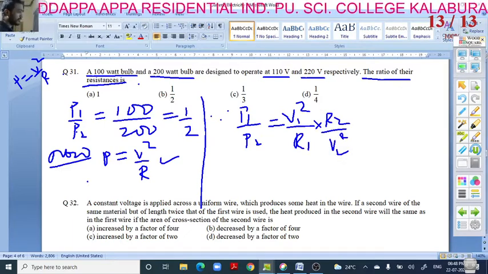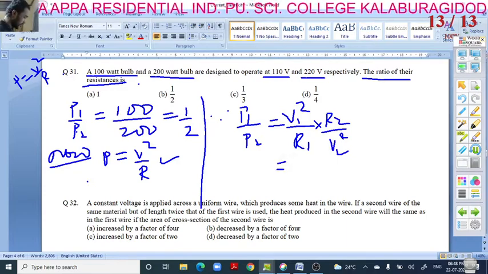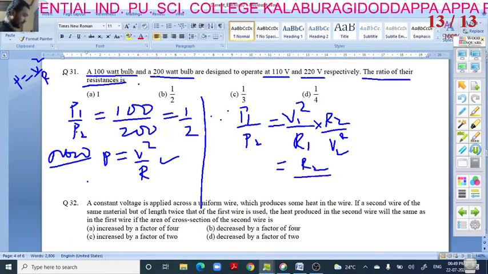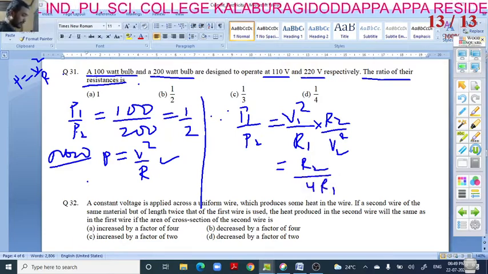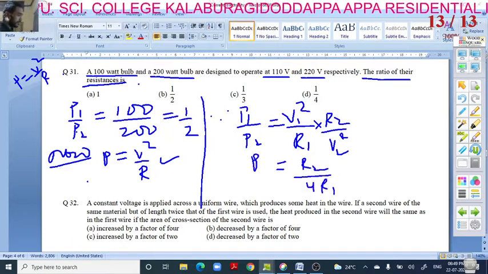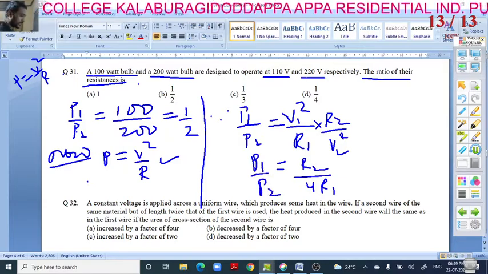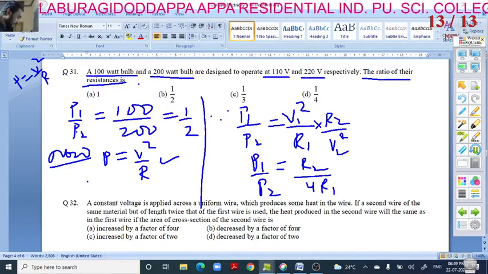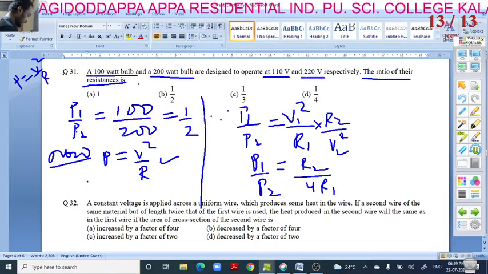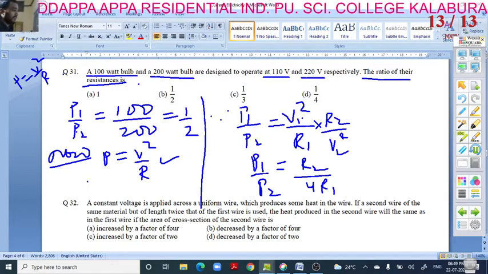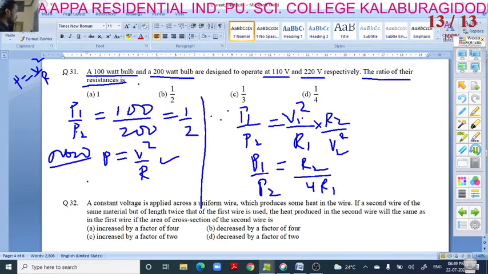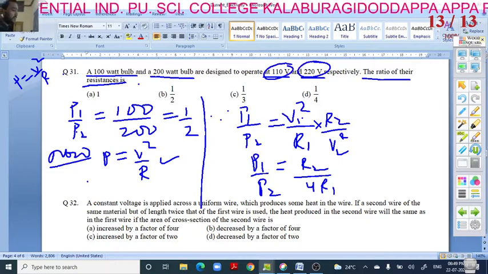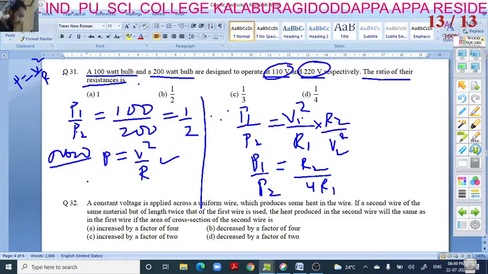Just substitute the values, and you will get R2 divided by 4R1. Directly I have written here P1 by P2 is equal to R2 divided by 4R1. Just substitute the V1 and V2 values he has given, so that R2 by 4R1 we will get here.